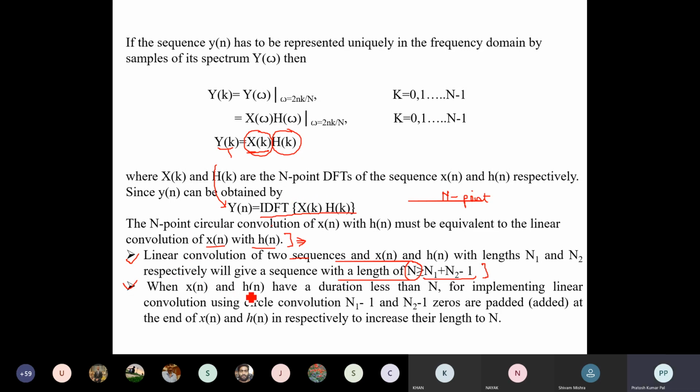Next: when x of n and h of n have a duration less than n, for implementing linear convolution using circular convolution, n minus 1 and n minus 2 zeros are padded, or added, at the end of x of n and h of n respectively to increase their length to n. This is the same as what we have told before: to find circular convolution, the lengths of both sequences should be the same. So if a sequence is given whose length is not the same, we do zero padding.